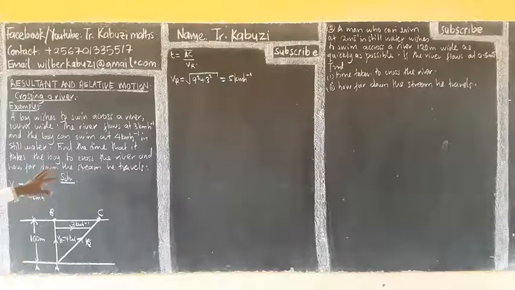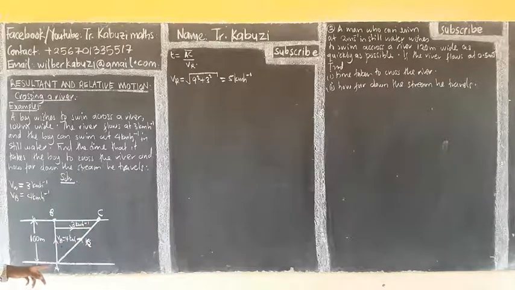And then we need to get also SC. So how are we going to get SC? If I know the distance from here up to here, I can get it, because they want to know how far down the stream he travels.